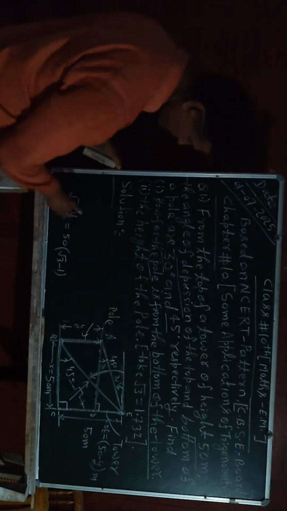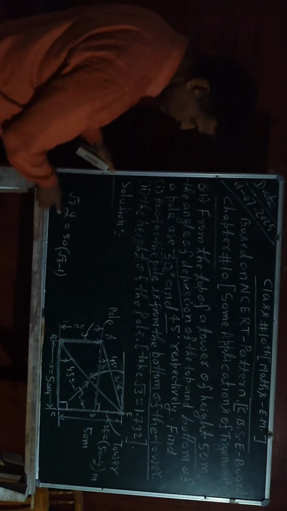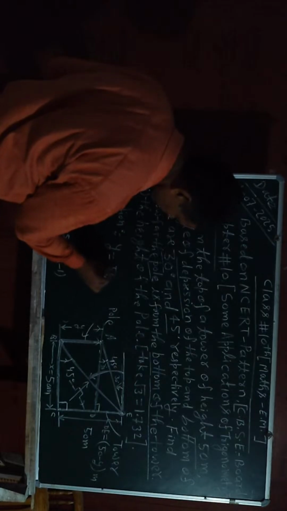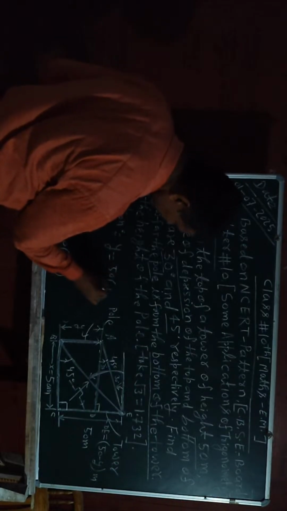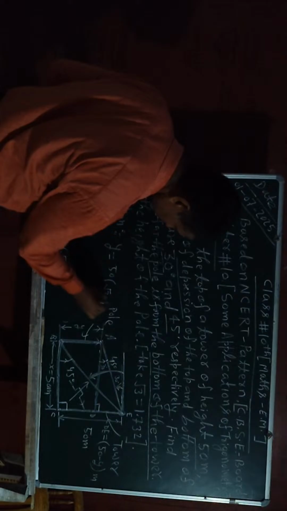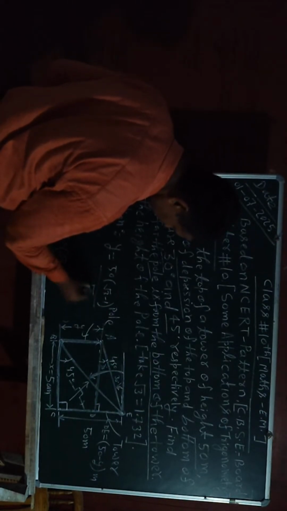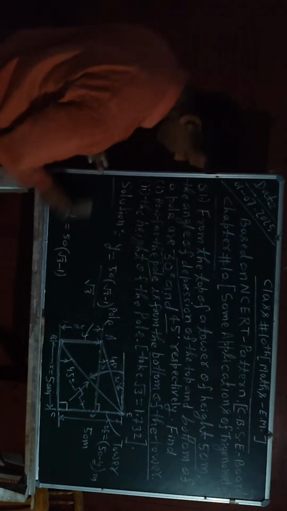Now here root 3 is multiplied with y, so separately I will write y is equal to 50. In the bracket I have written root 3 minus 1, and the bracket is closed and divided by root 3.